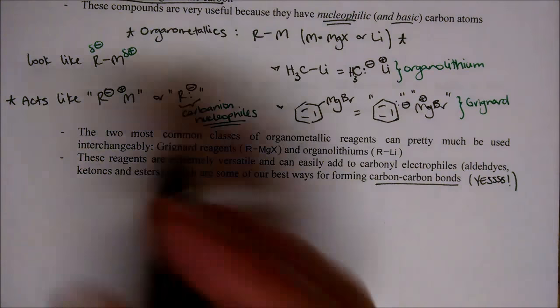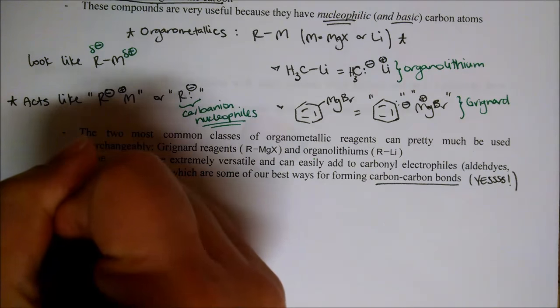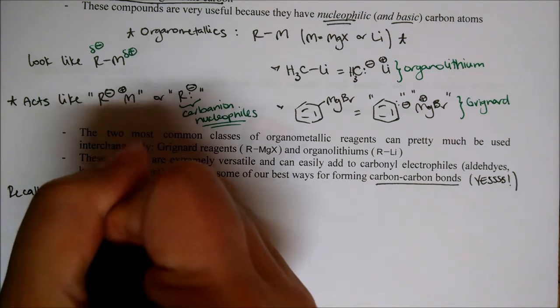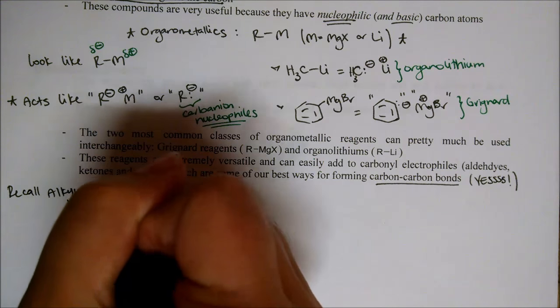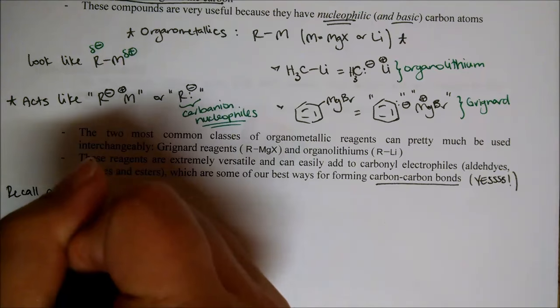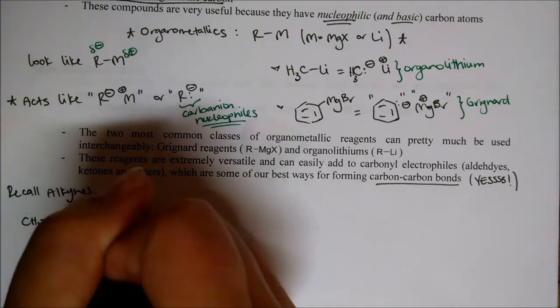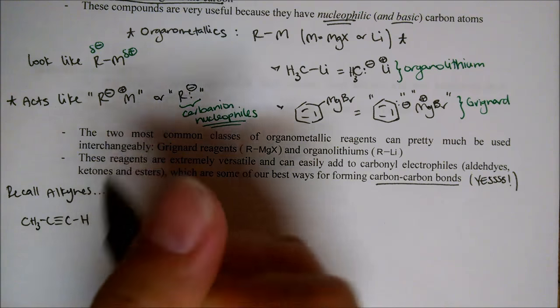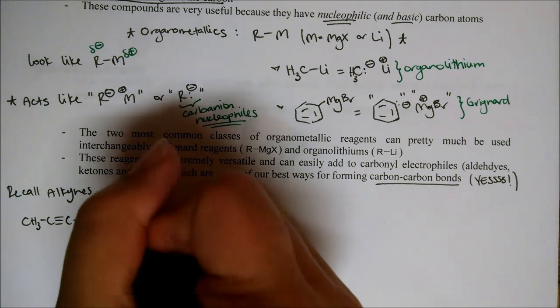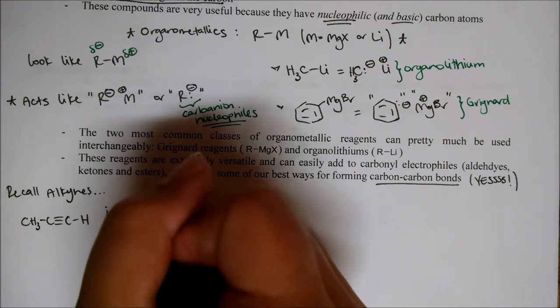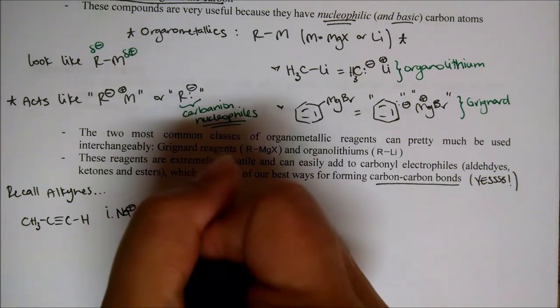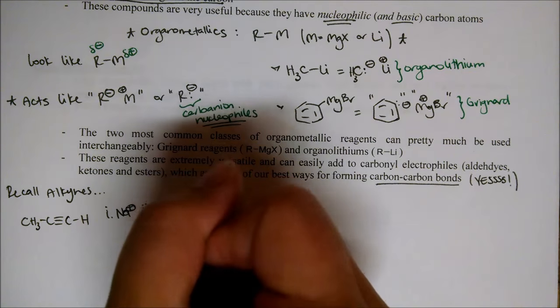Okay? So, again, let's remember how excited I got when we did this with alkynes. Okay, so if we had a terminal alkyne like this, we deprotonated it with what? What was our favorite base to use for deprotonation of alkynes? It was NaNH2, sodamide.